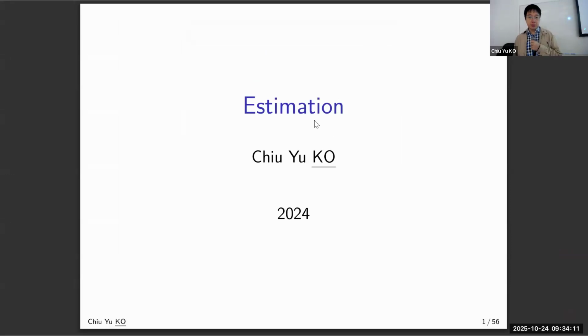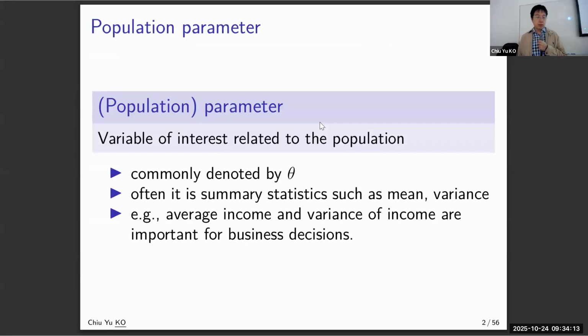For estimation, just a very quick review. The idea is we are trying to guess the population parameter, such as mean, variance, skewness, kurtosis.